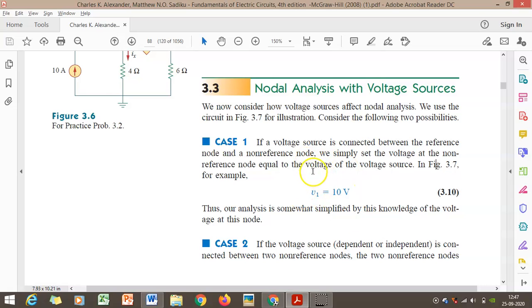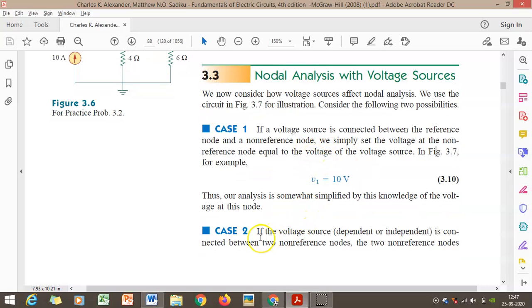So it is easy. There is another case, case 2, in which the voltage source is connected between two non-reference nodes.